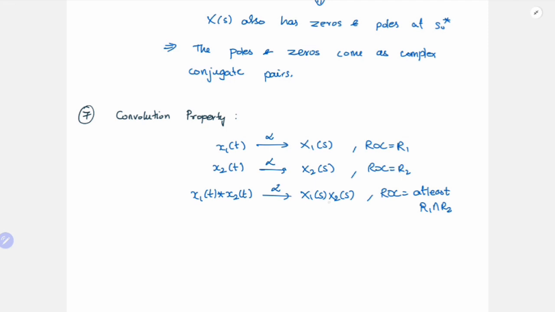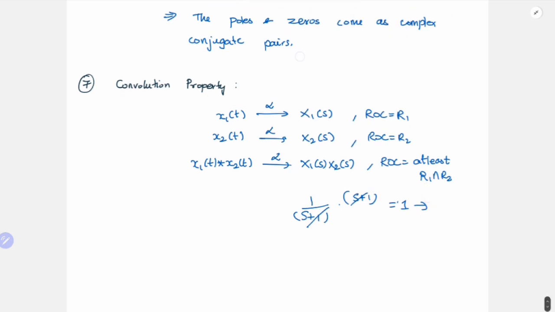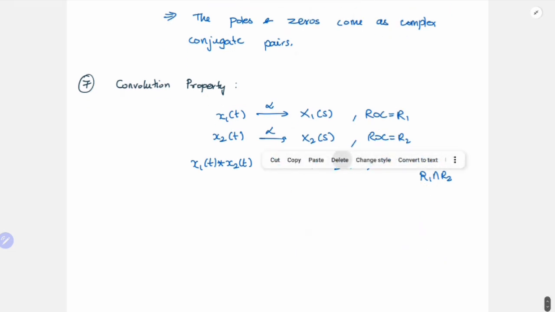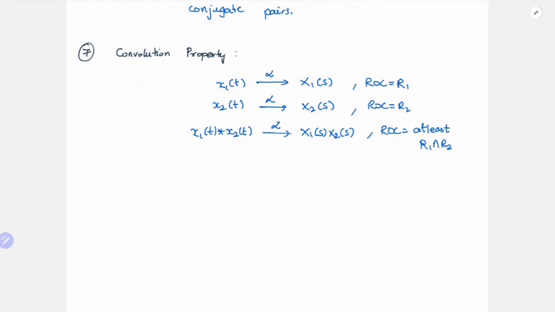Again, since they are a product, it is straightforward to visualize. So if we take 1 over s plus 1 and this is just s plus 1, if they cancel out, you will get 1, for which the ROC is the entire s plane, right? So that is one good example.